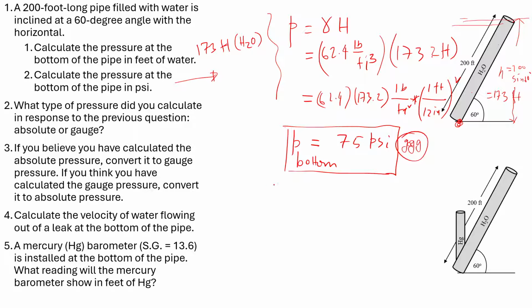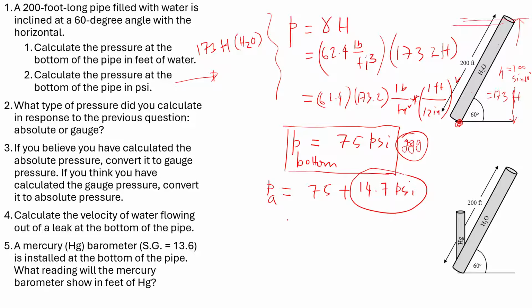And then if you convert that gauge pressure to the absolute pressure, you simply add the 14.7 psi absolute, the atmospheric pressure coming from the air on top of us. Air has weight, and this 14.7 is actually developed because of that.